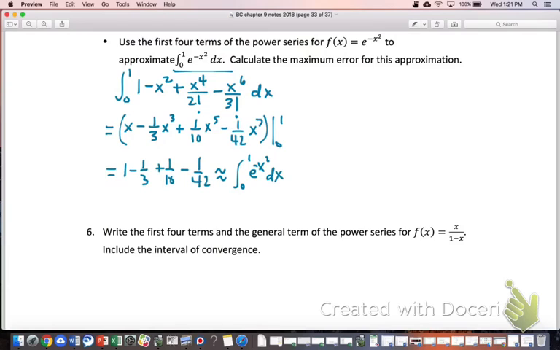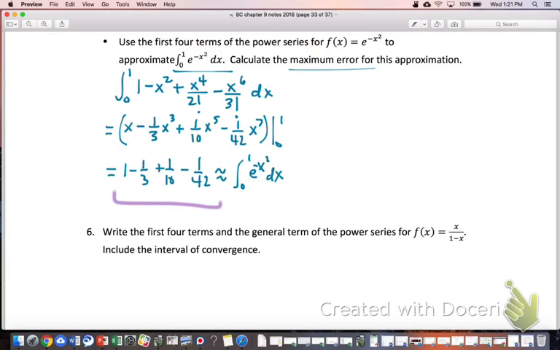Okay. As far as thinking about the error, this is really important. We're basically saying that the series, that pattern of numbers added up, is approximately equal to the integral that we were supposed to find. So when it comes to bounding the error, finding the maximum error, we need to judge carefully what that series is.